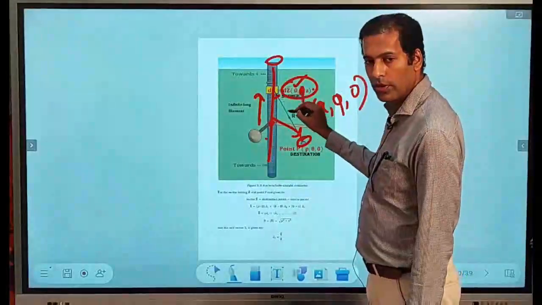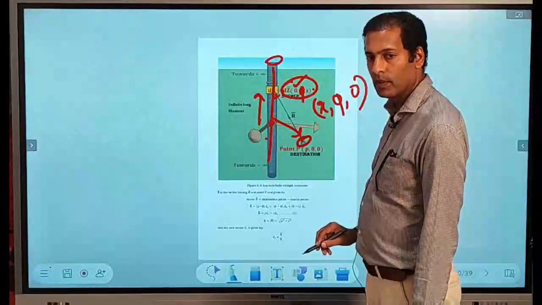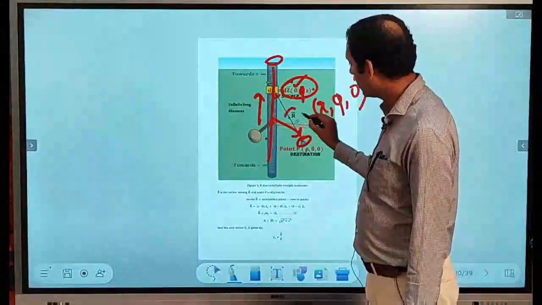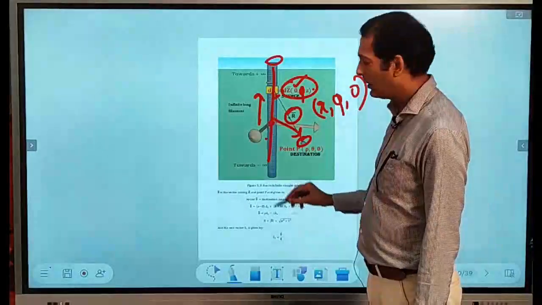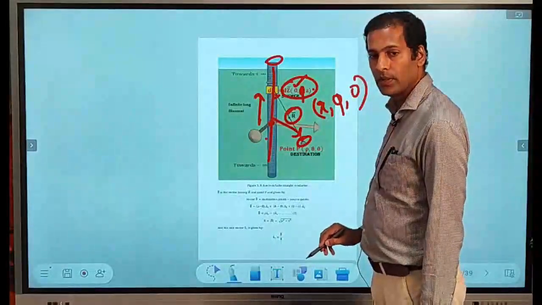So one is source point, one is destination point, right? And we are talking about some r bar. What is direction of r bar? From source to destination.